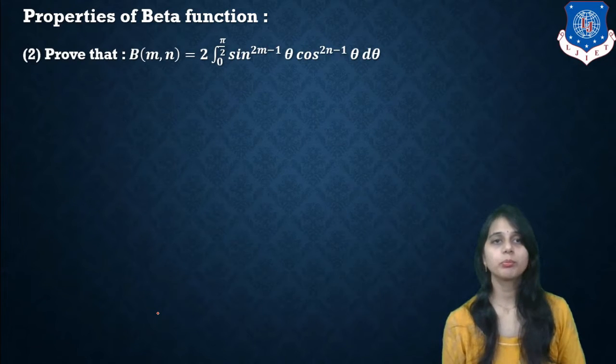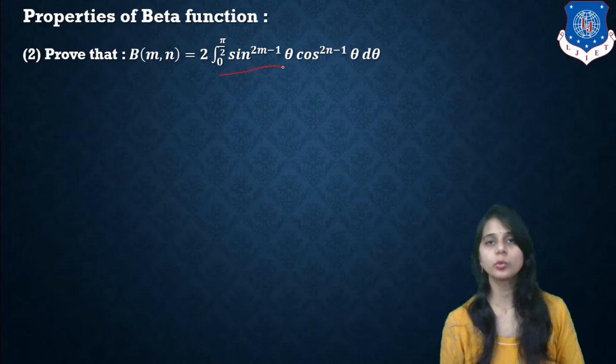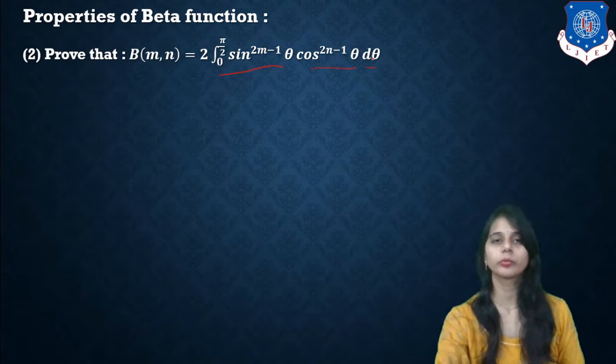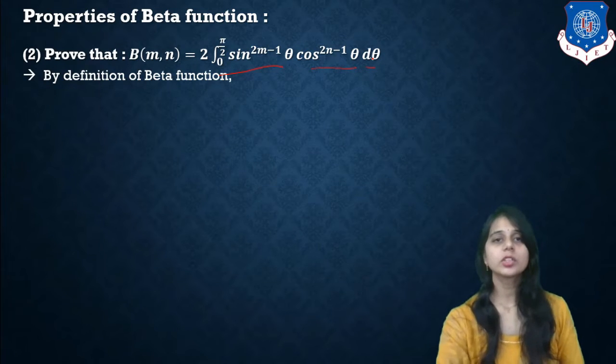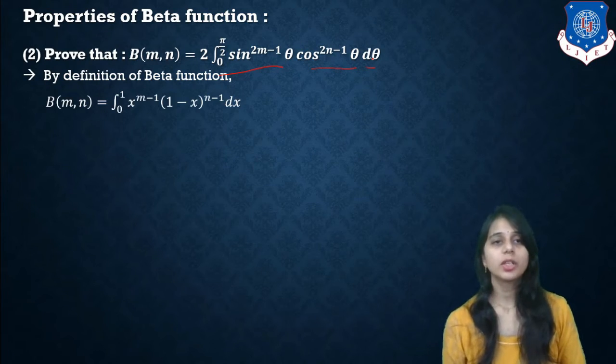Now prove that beta(m, n) equals 2 times the integration from 0 to pi by 2 of sine raised to 2m minus 1 theta times cos raised to 2n minus 1 theta d theta. By the definition of beta function, beta(m, n) equals the integration from 0 to 1 of x raised to m minus 1 times (1 minus x) raised to n minus 1 dx.